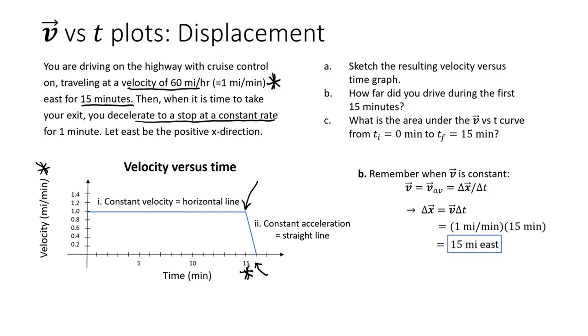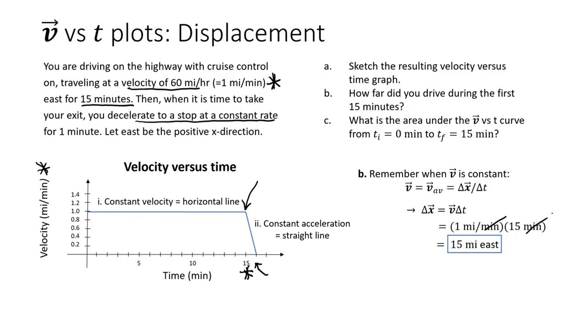Okay, so plugging in 1 mile per minute, we're traveling over 15 minutes, and so that tells me that I have traveled 15 miles east, right? Because my minutes would cancel from the numerator and the denominator. And east is telling me the direction of my velocity. Since it's a velocity, it always needs to have a magnitude and a direction. Okay, so that's the first part.